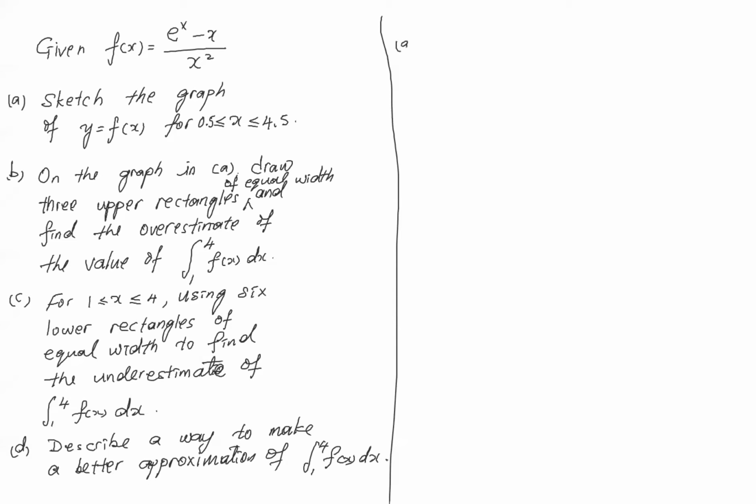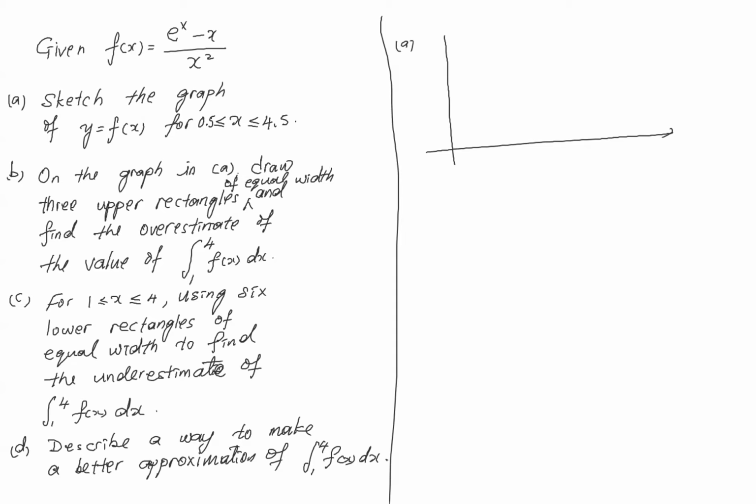So when I sketch, because from here the limit is from 1 to 4, I just now tested that when x equals 1, my y is 1.71. When x equals 4, my y is 3.16. When x equals 2, my y is 1.34. And when x equals 3, my y is 1.89.